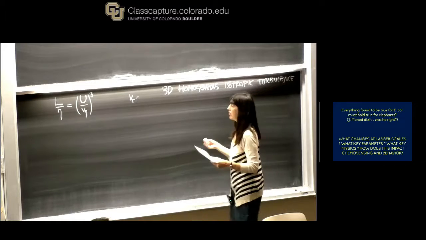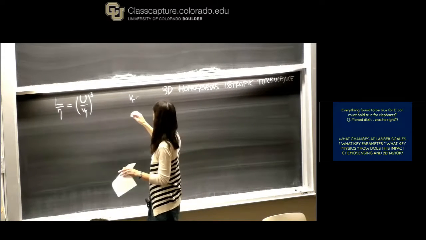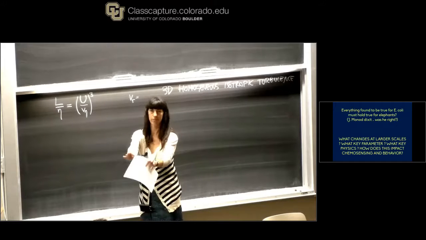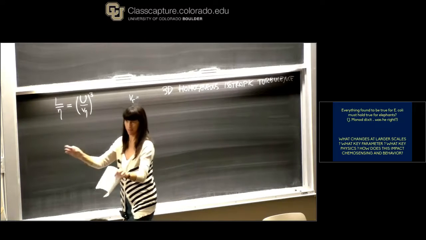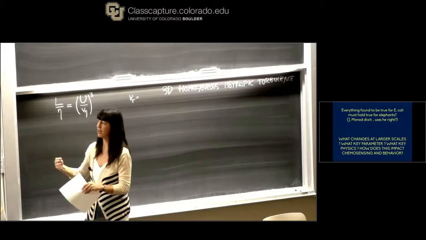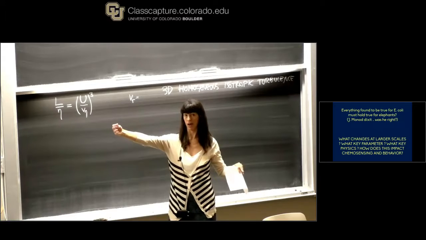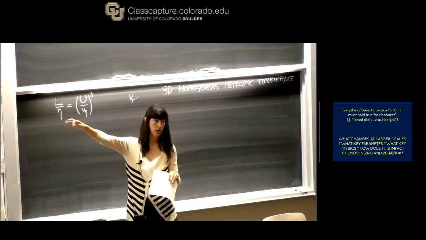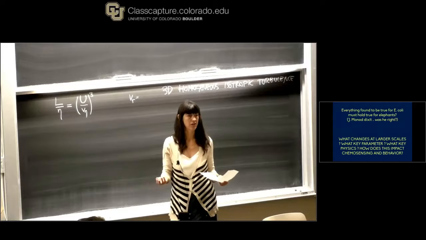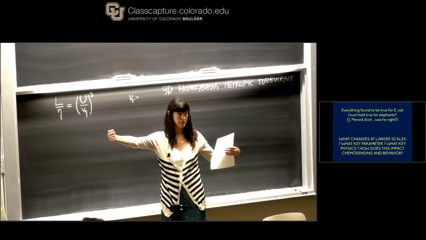I wanted to be slightly sloppy until we got to that point, but the question is right. I've mixed notations, so what is that r? I'm talking about velocity differences at a certain scale r. That's what that picture is about. What does it mean that I'm at different scales? It's because I care how different things look at different scales.